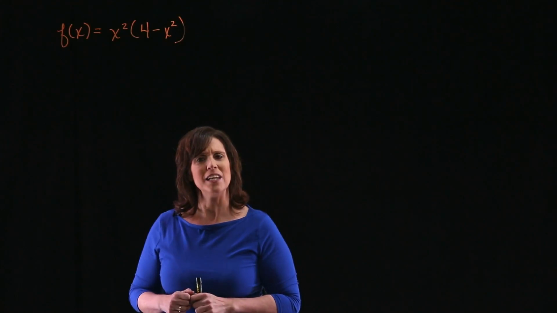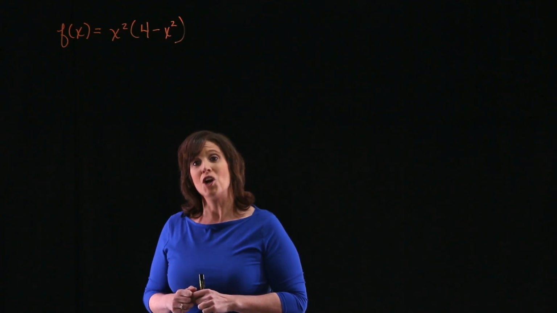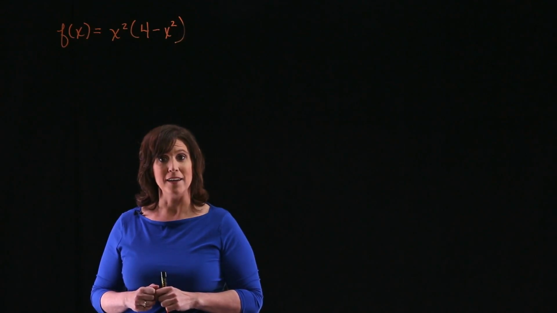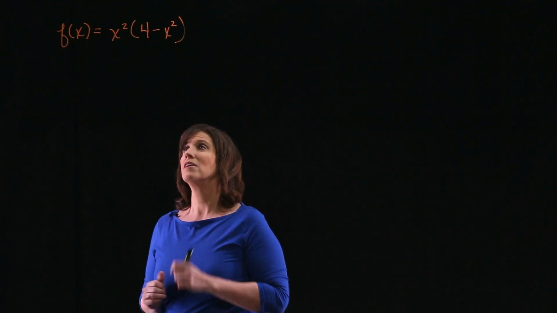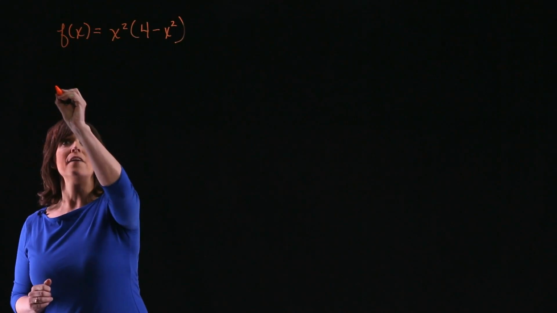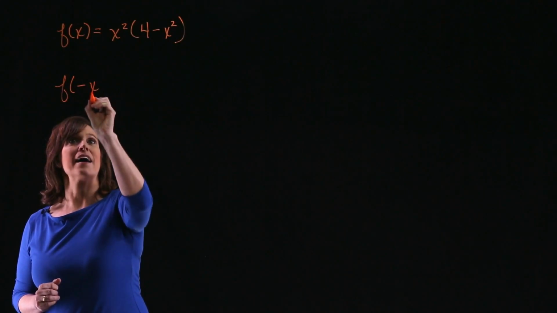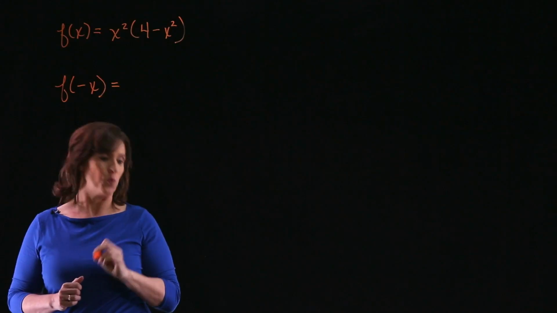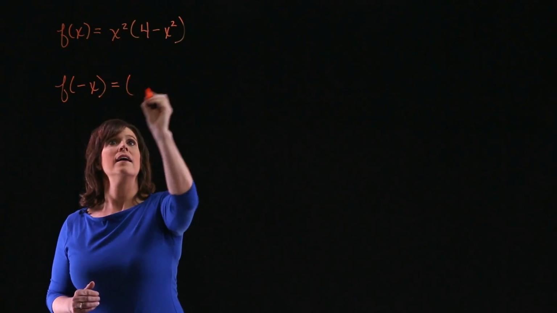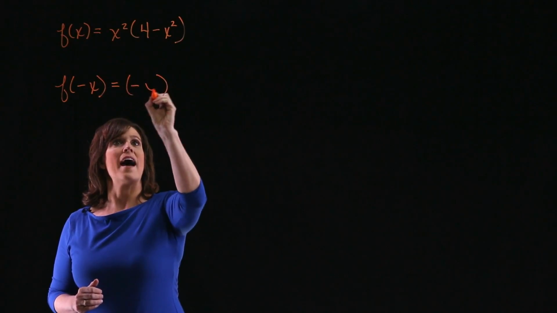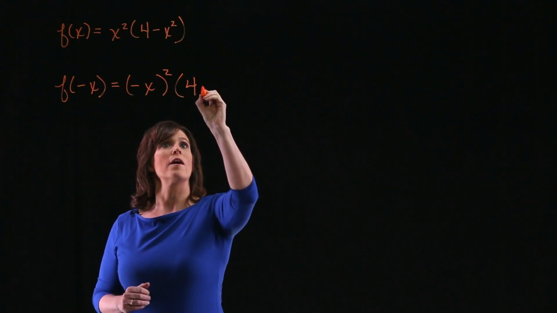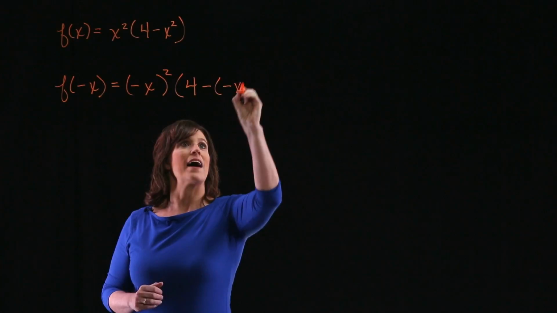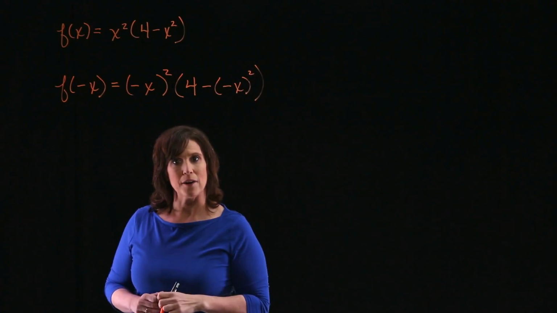First of all, is this function even or odd? Well, to determine whether a function is even or odd, we're going to replace all of the x's with a negative x. So f of negative x is going to equal negative x squared times the quantity 4 minus a negative x squared.